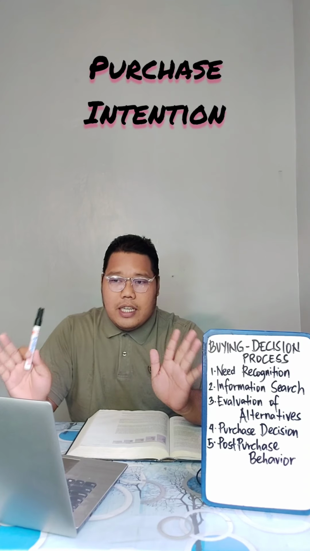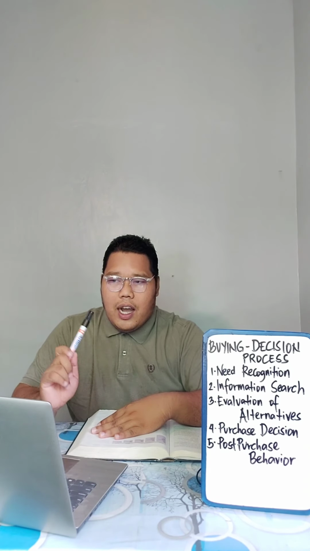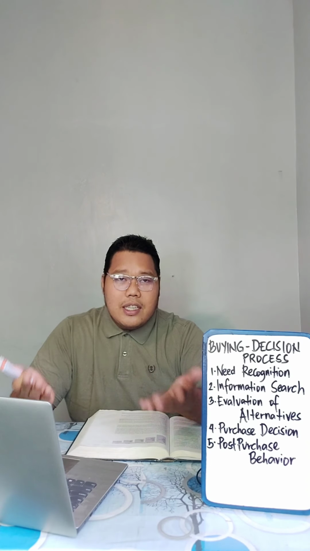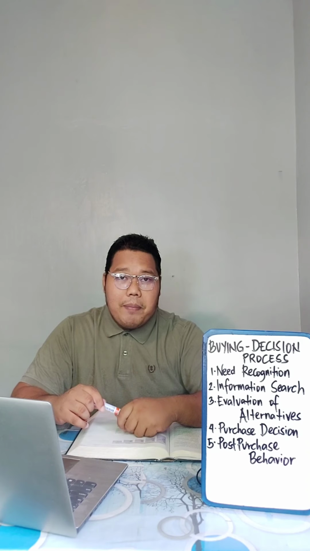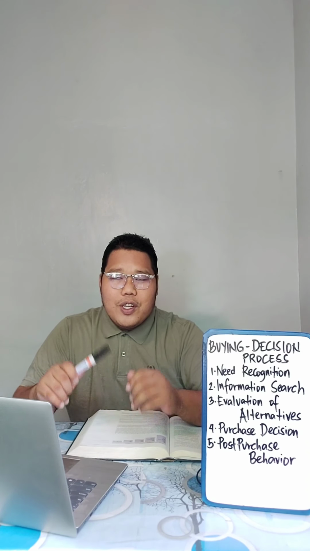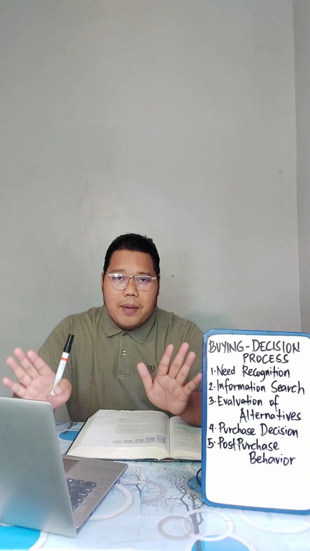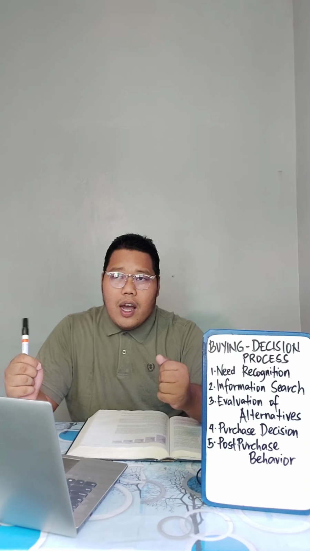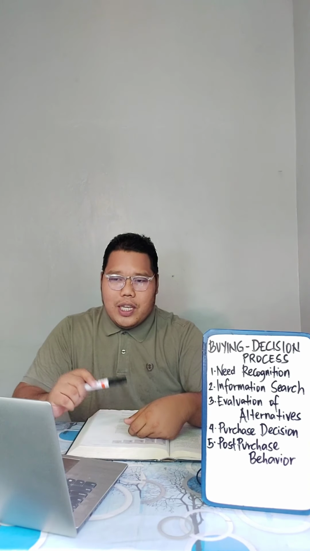Buying or purchase intention comes first, before the purchase decision. In executing a purchase intention, the consumer may make up to 5 sub-decisions. So if there is already an intention to buy, you need 5 sub-decisions to make the purchase based on your intention.